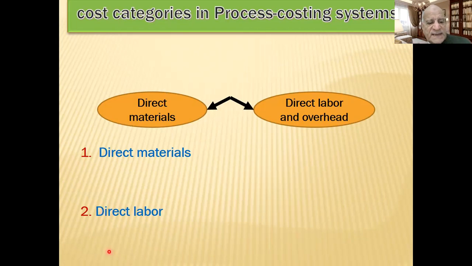But as for direct labor and overhead, which are called conversion costs, as I mentioned, these two cost elements are generally added equally along the production process.